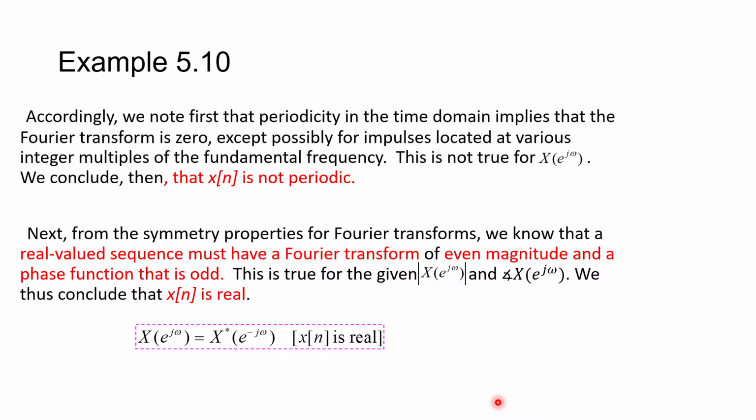I guess we didn't say this quite clearly, but if x is real, then this relationship is true, and it's actually an if and only if. So if this is true, then x is also real.